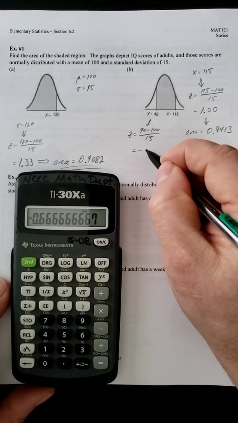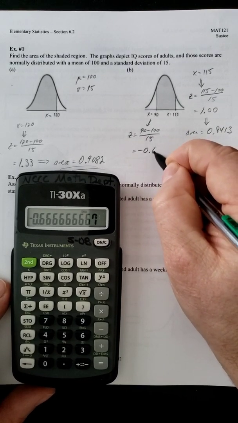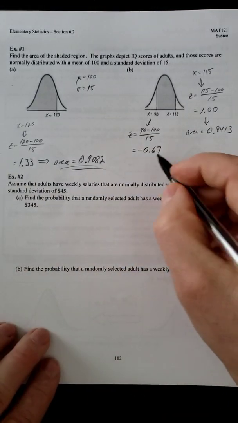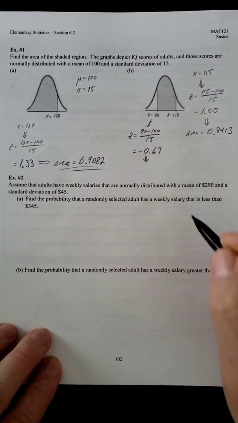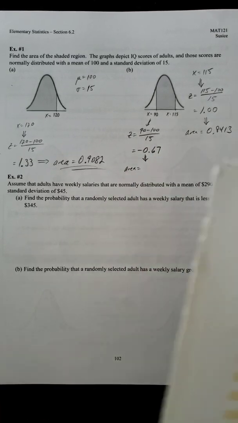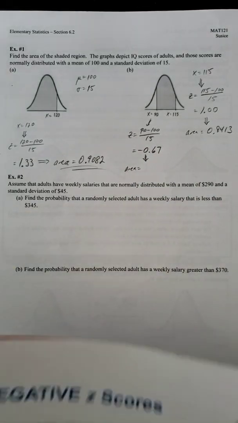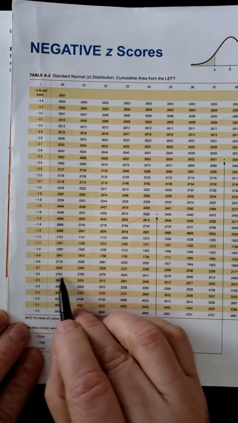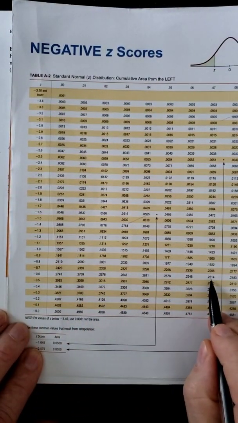So let's round that to two places, so negative 0.67. And so now if we go to our table, we will find an area equal to, so we're going to go to the negatives, negative 0.67, 0.2514.